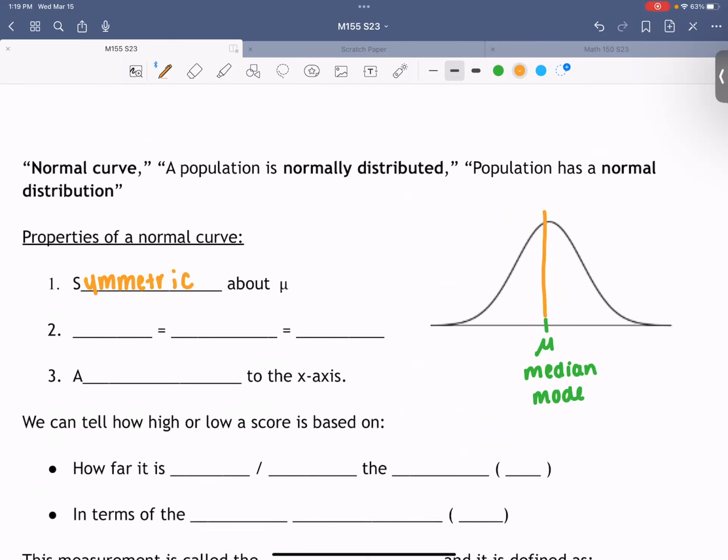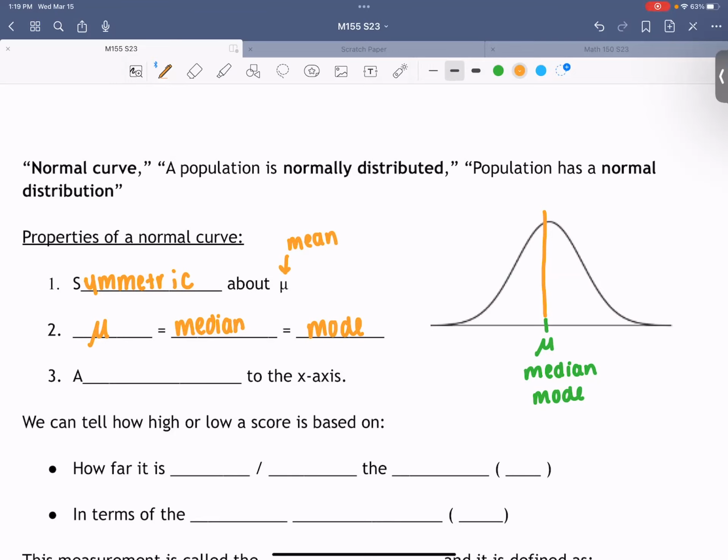It's symmetric about the mean, which is mu. Number two, the mean is always the same as the median, and the median is always the same as the mode here. So the normal distribution is very special because it's very symmetric. The middle is all the important stuff.